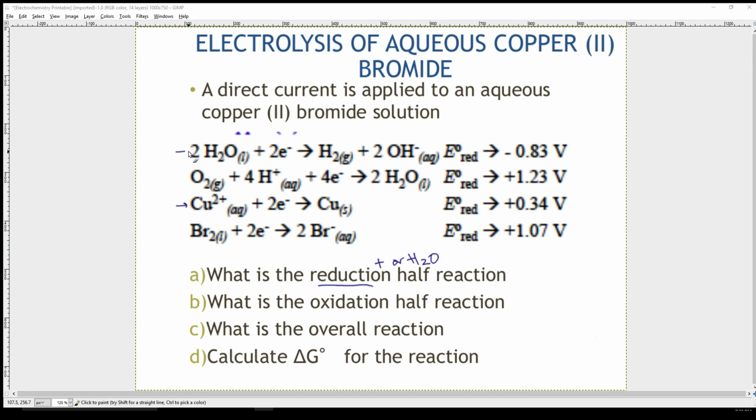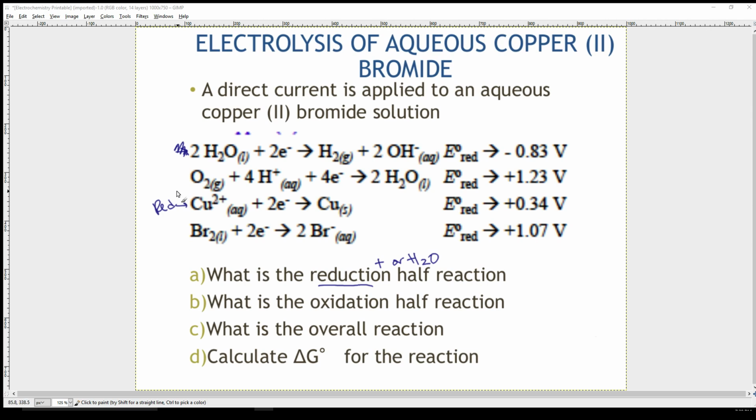So here it is, this one. Out of these two numbers, which one is more likely to be reduced? Looks like copper wins this time, so copper is going to be reduced. This one's out of the running now. You can ignore it.